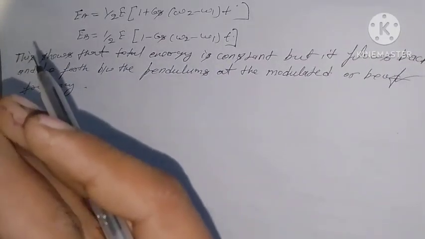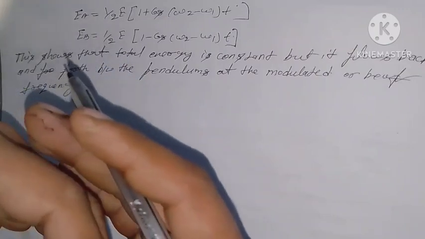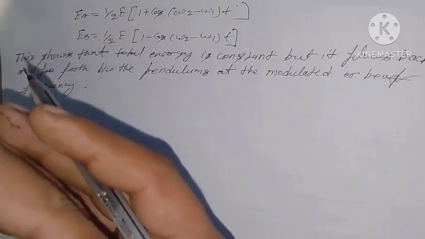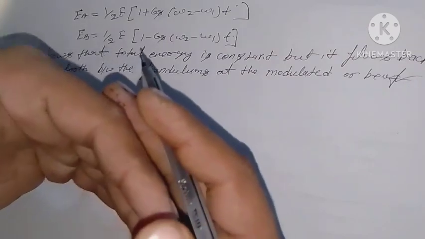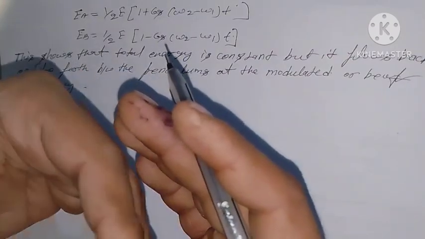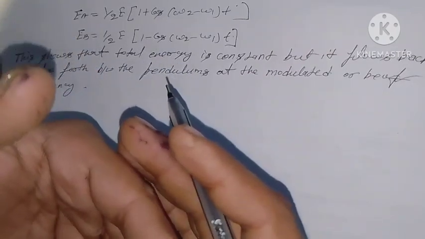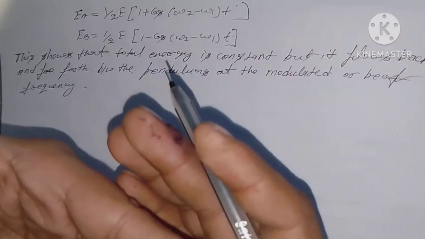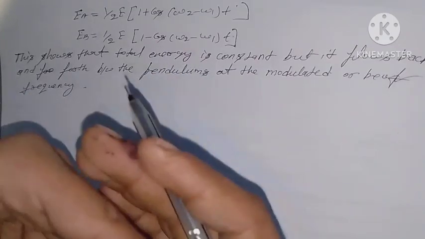On the other hand, pendulum second starts from zero and vibrates according to the sine law with the same average frequency, and its amplitude builds up to 2a and then decays according to the sine law at the same low frequency of half the difference between the normal mode frequencies.